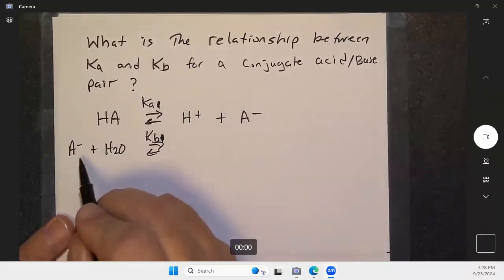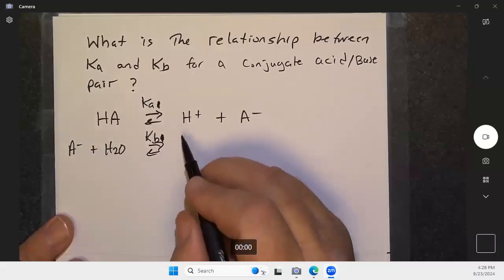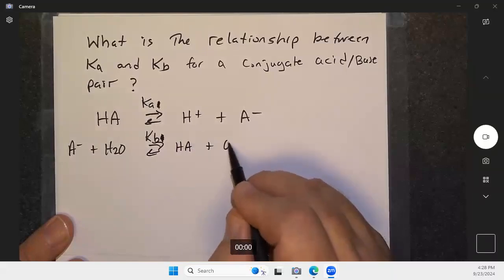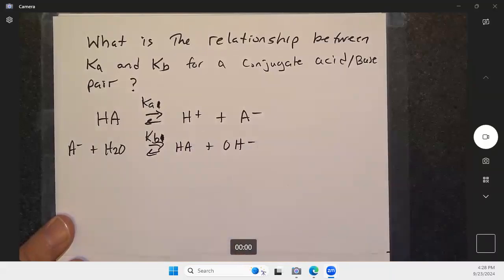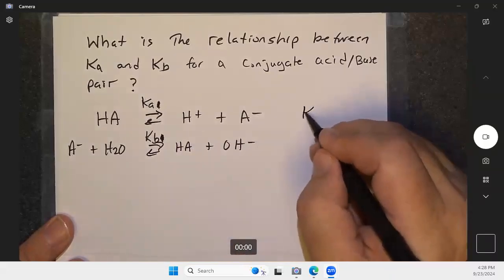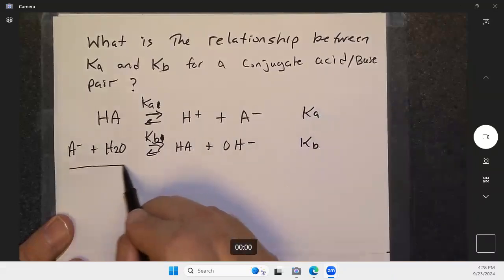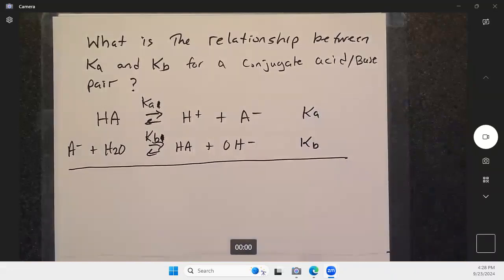So water's going to protonate the A minus, and we're going to get HA plus OH minus. So this is our Ka reaction, and this is our Kb reaction. We're going to add these two reactions together.